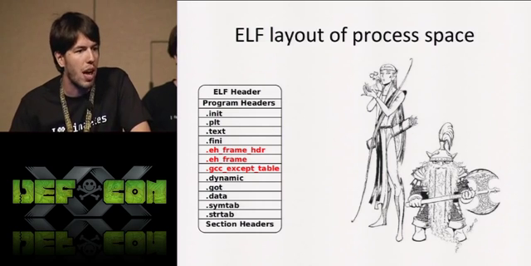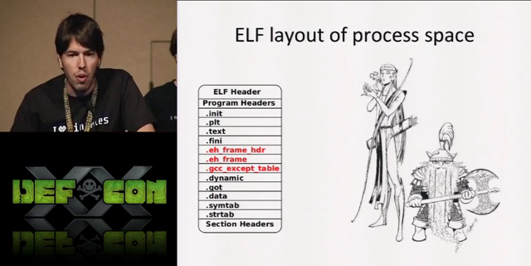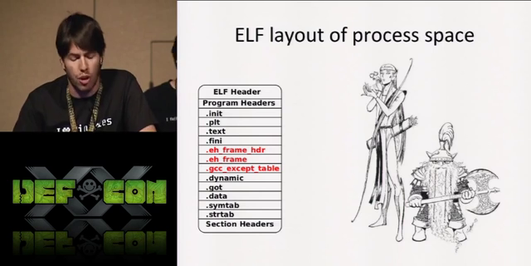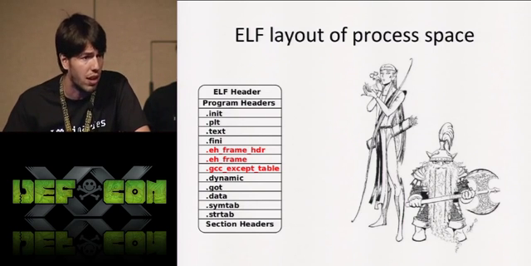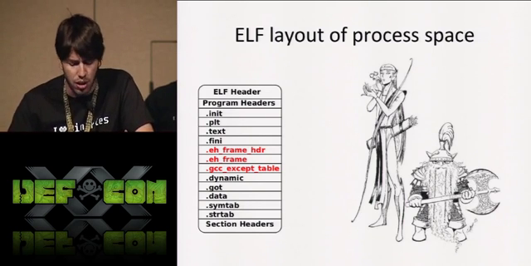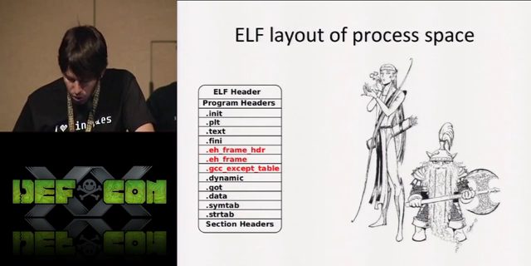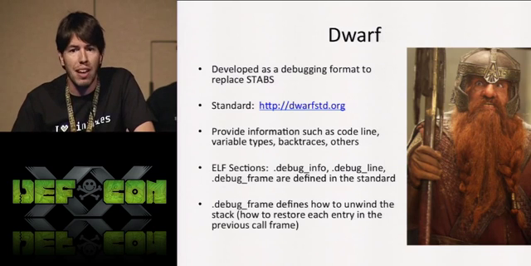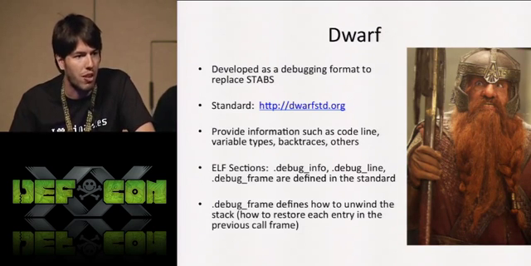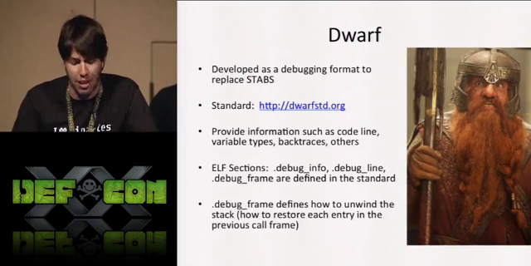Basically, if you look into the ELF layout, you have some sections that actually call for attention, which are the ones in red on the slide: the eh_frame_hdr, the eh_frame, the GCC except table. Those sections are actually based on a debugging format called DWARF, which was created for debugging.